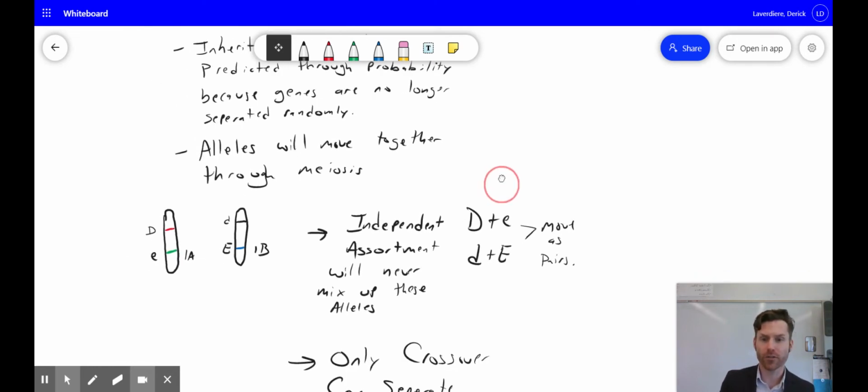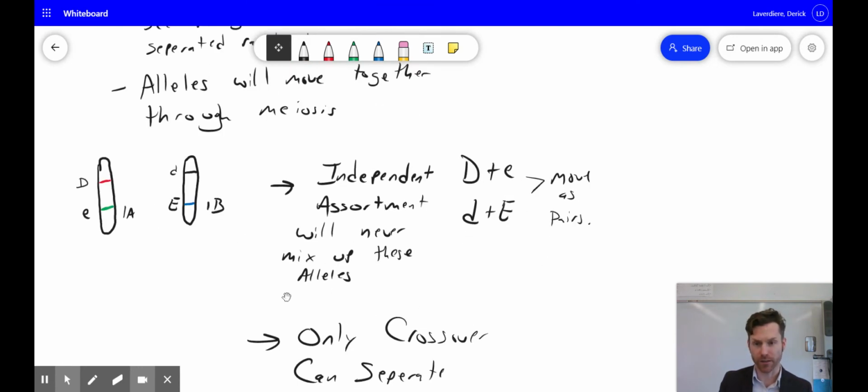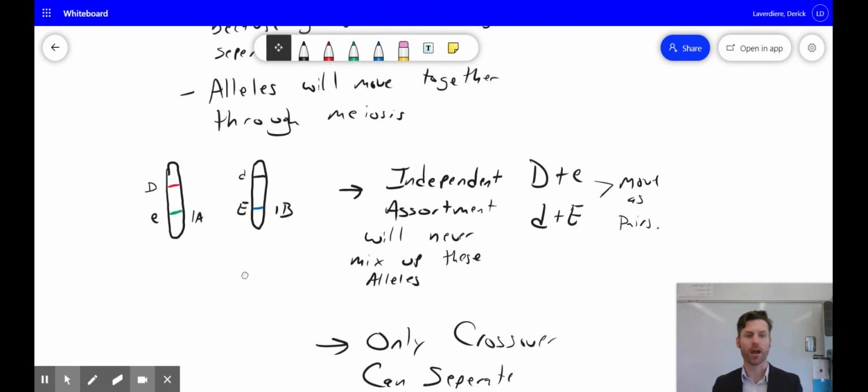And so if you have two traits that are linked, let's say we're dealing with eye color and height, right? And we have the alleles for eye color and height on the same chromosomes. Right? This combination of dominant eye color, recessive height is always going to get separated together through the independent assortment process of metaphase 1. Right?